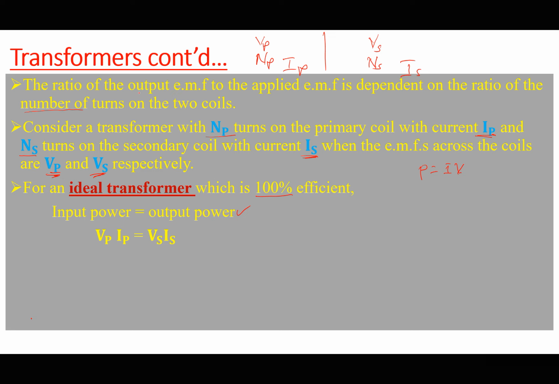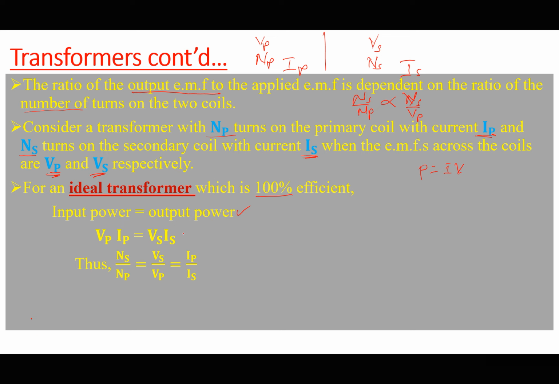But remember the ratio of the output EMF, which is of course Vs, is dependent on the ratio of the number of turns. In fact, they are directly proportional. So the ratio of the number of turns, number of secondary over number of primary, is directly proportional to the voltage in the secondary over the voltage in the primary. So we can simply combine those three things.